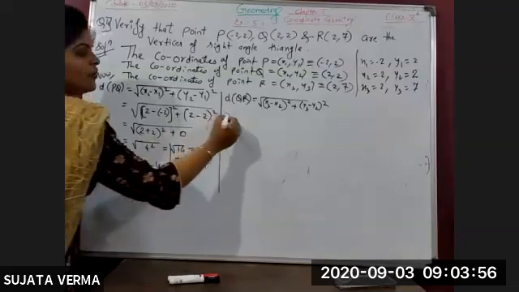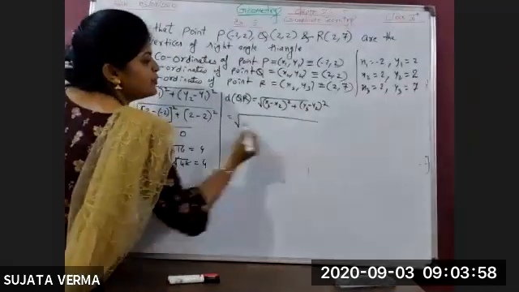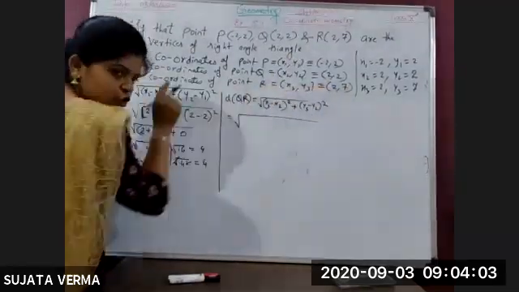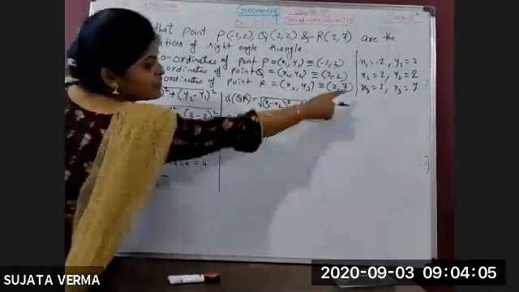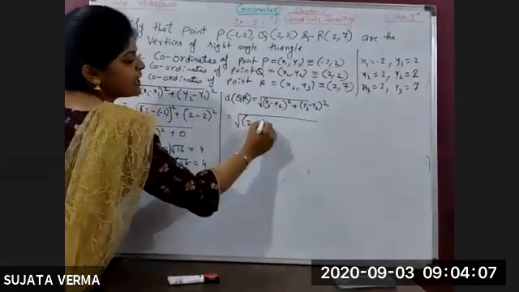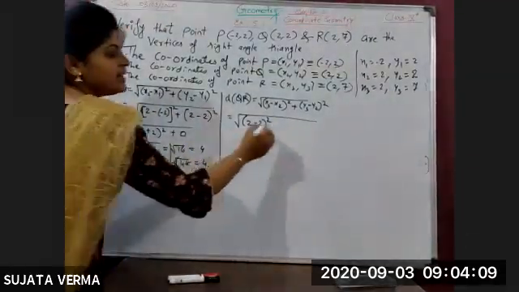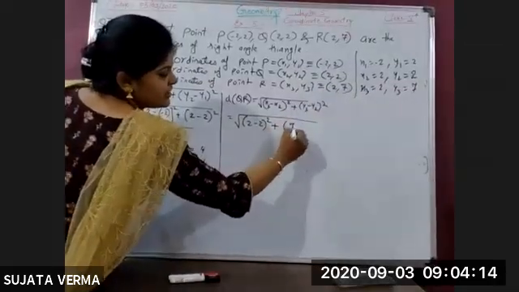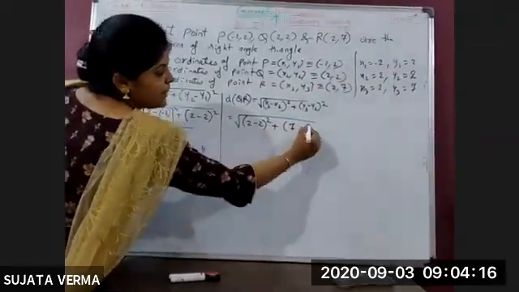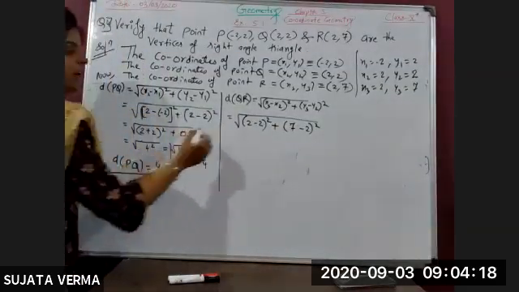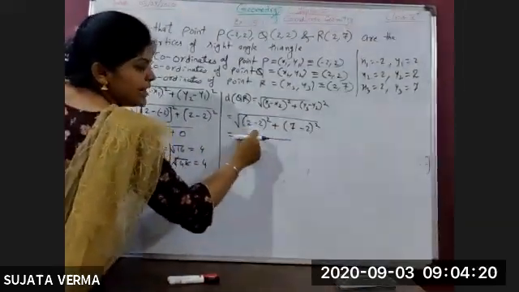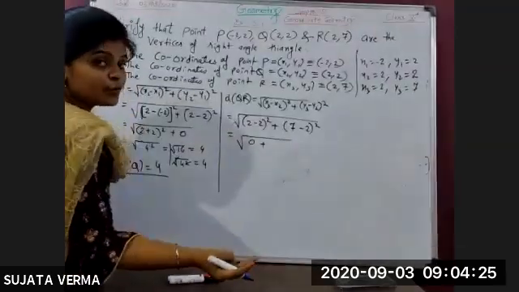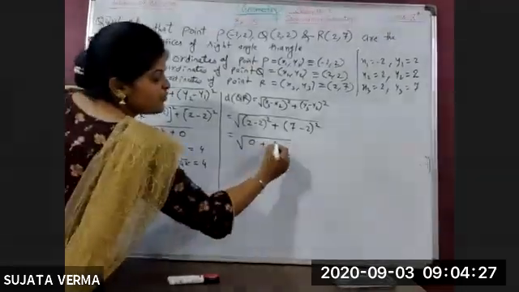Now, next step, put the values. x3 is equal to 2 and x2 is equal to 2, so (2 minus 2) square, then plus y3 is equal to 7 and y2 is equal to minus 2. Now 2 minus 2 is 0, and 7 minus 2 is equal to 5.